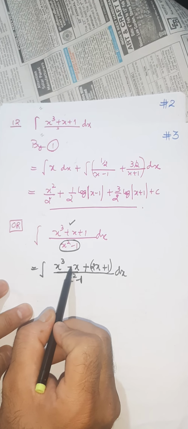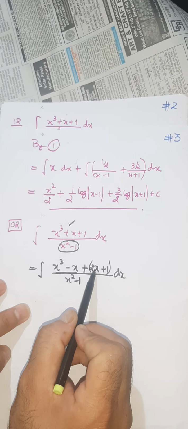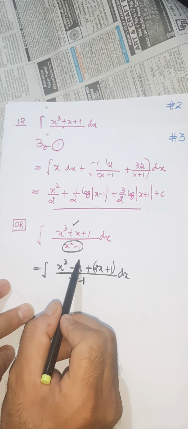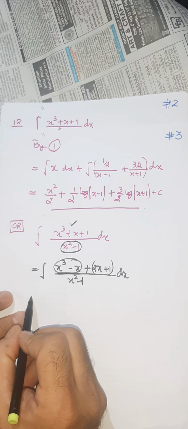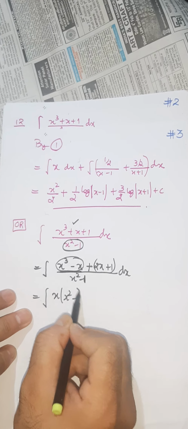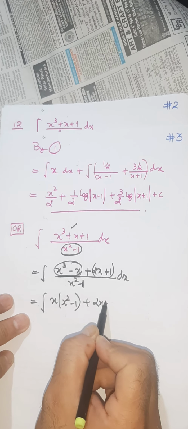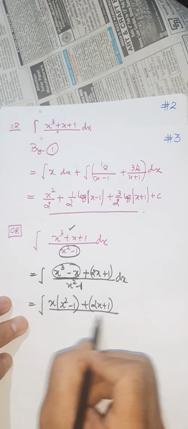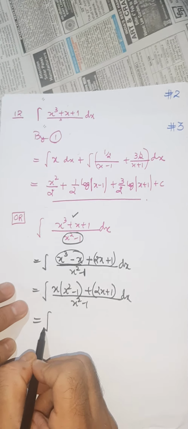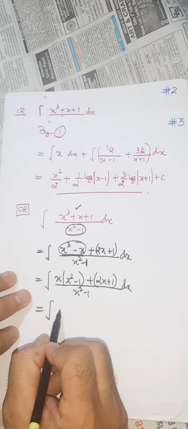What I did, I have subtracted x and added x. x was already there, so this become 2x. Why I did like this? Now you take x common from this, so you'll get the (x square minus 1) plus (2x plus 1) upon (x square minus 1). Do individual division now. So x square will get cancelled.